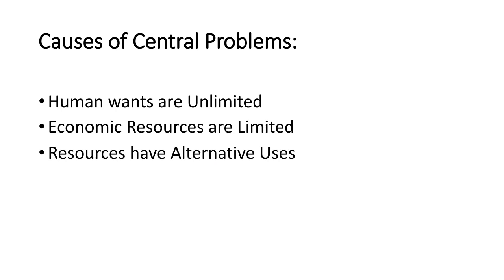So, the three main causes of central problems are: first, human wants are unlimited. Human wants get satisfied by consuming goods and services, but new wants keep arising. Secondly, economic resources are limited. Economic or productive resources can be of four kinds.